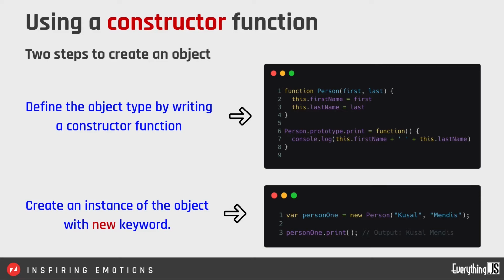So ideally what happens is, when you new it up, when you say new person with whatever the name, in this case Kusal Mendis, it will get assigned to those variables over there and create a new instance.